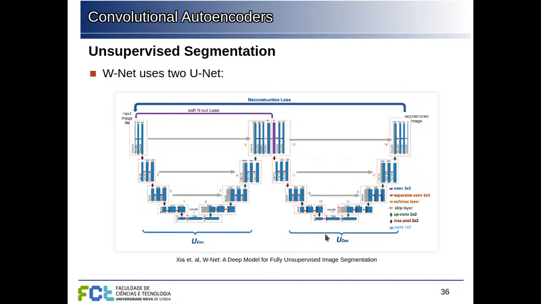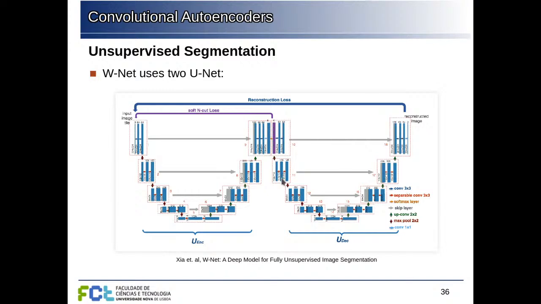We concatenate two UNets. This is called the WNet. And we are starting from the original image. We use one UNet here to create a representation that classifies each pixel into different categories. So we can have here K layers to specify K categories, for example.